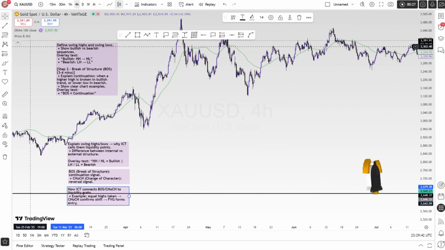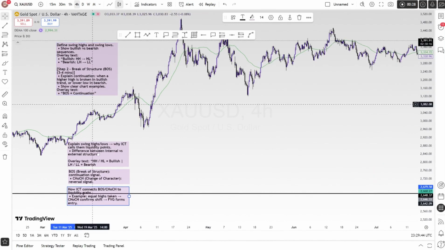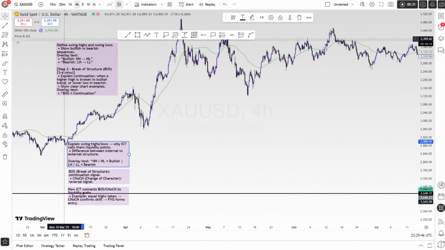So we are going to talk about all of these topics. I'm going to define how to identify swing lows and swing highs. On the bullish trend, we have higher highs and higher lows, which is HH. On the bearish, you have lower highs and lower lows, right?